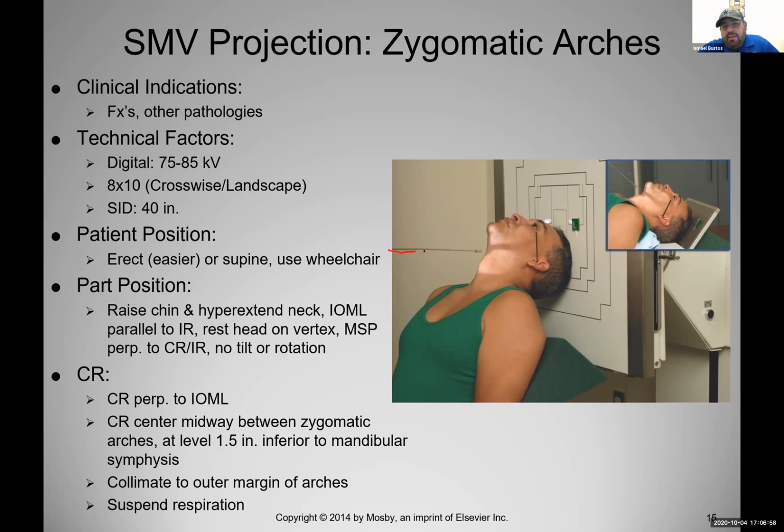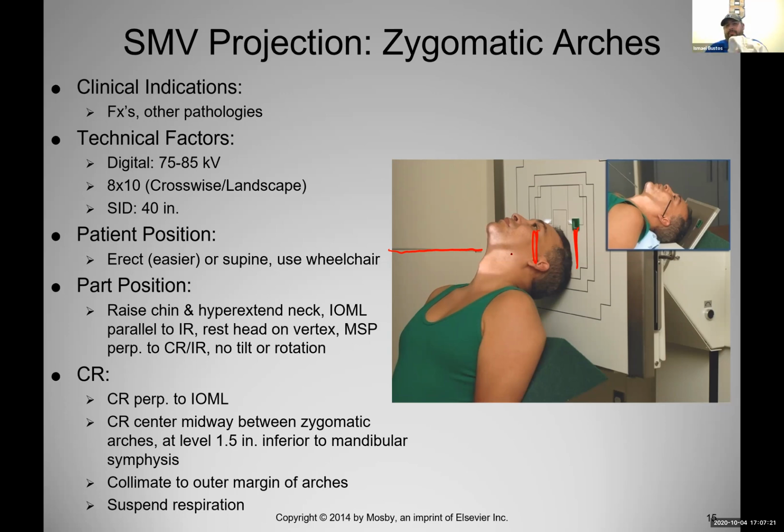So if you look at this CR, it is perpendicular to the IOML. Now it is also perpendicular to the image receptor, but that's just because the IOML is parallel to the image receptor. So ideally, yes, your CR should be perpendicular to the IR if the IOML is parallel to it. But if it is not, if it's angled, then you're going to have to adjust your CR to become perpendicular with the IOML.